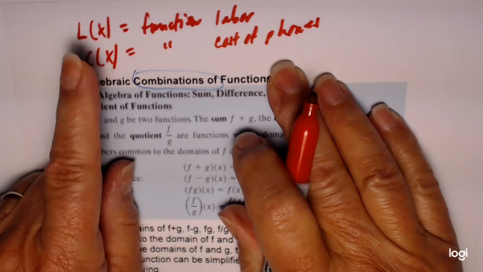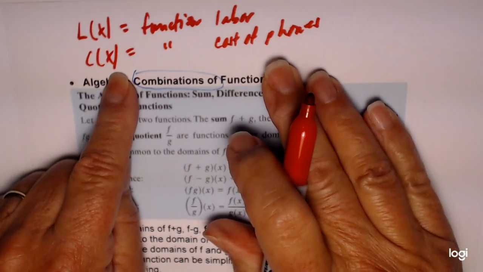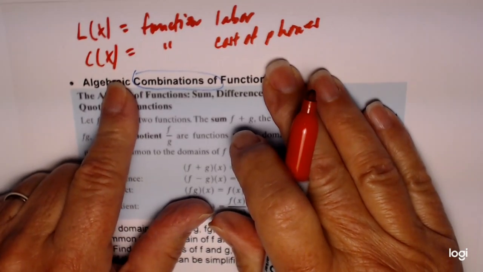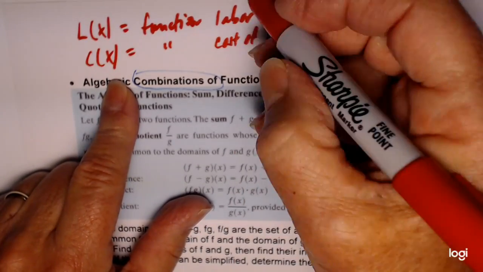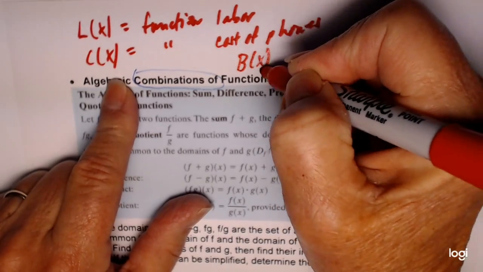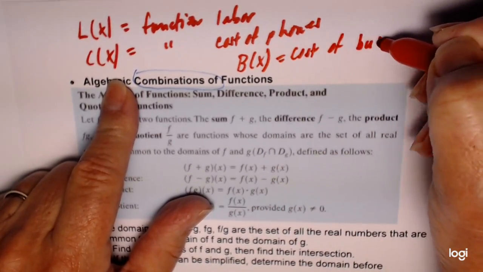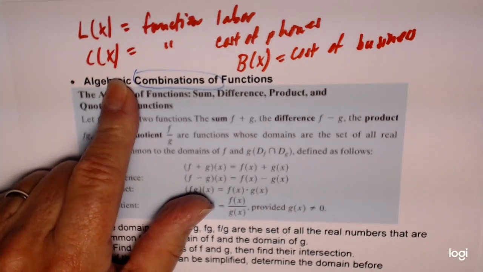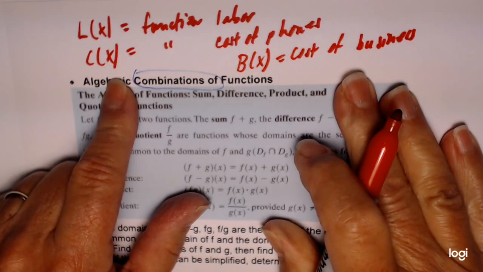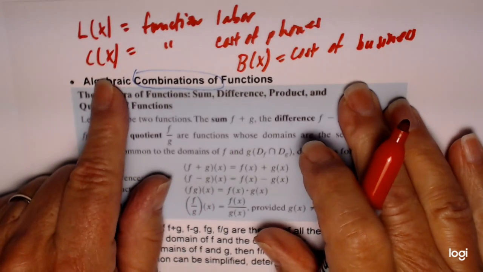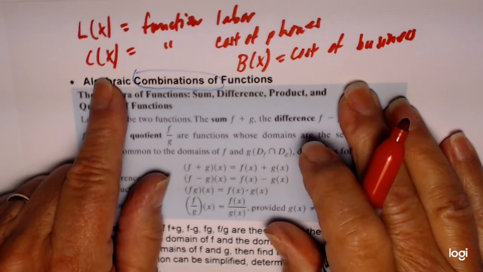So we have a store, so we pay people to work in the store, and then we have to pay for the phones that we sell. So if we want to know the cost of business, let's call this B of x the cost of business. I mean, obviously there's more cost involved in your business. You have rent and light and all that, but let's just keep it simple that it's just your payroll and the cost of the phones.